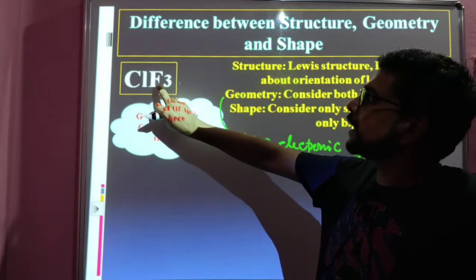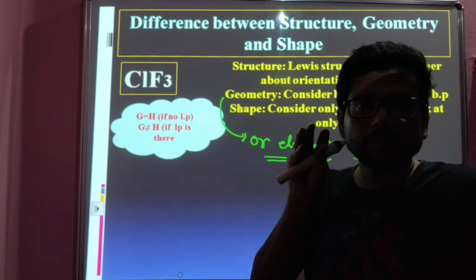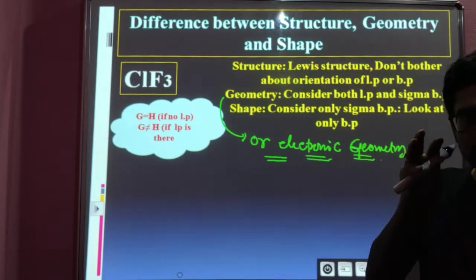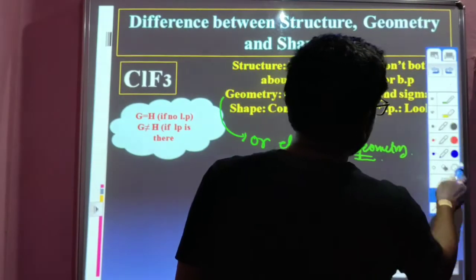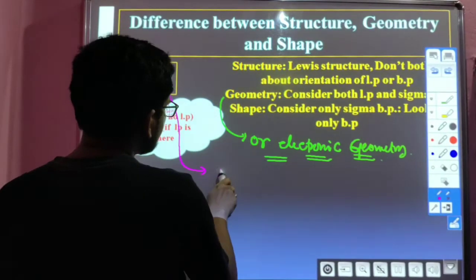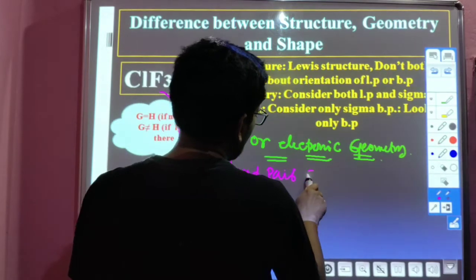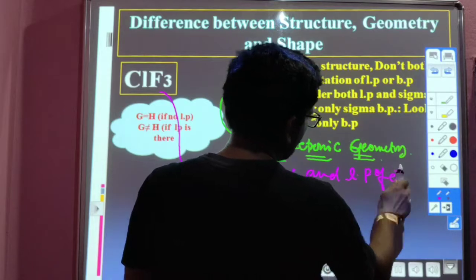Say for ClF3, what will be the geometry? In order to get the geometry, first you have to get the idea of only sigma bond pair and lone pair of electron.